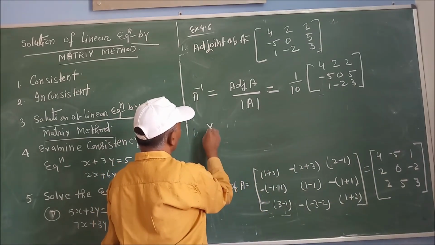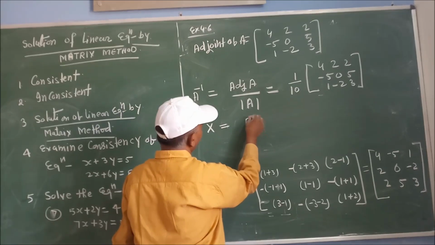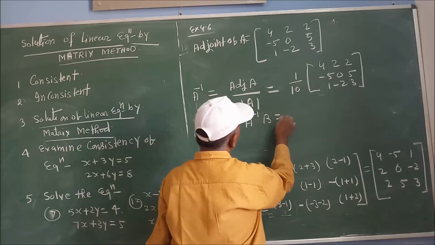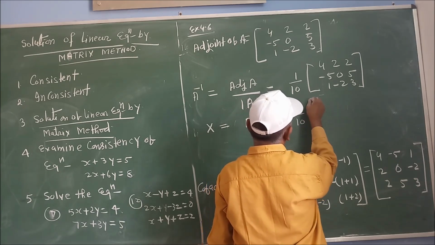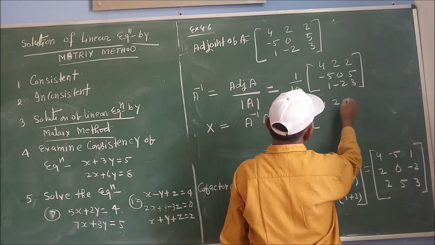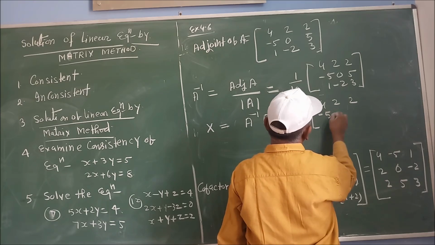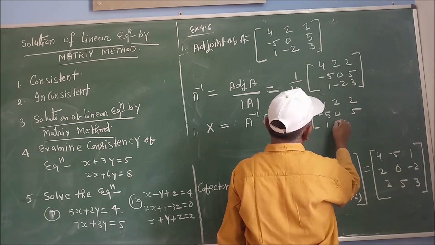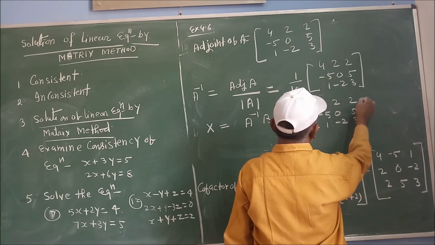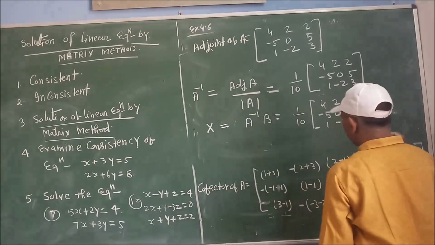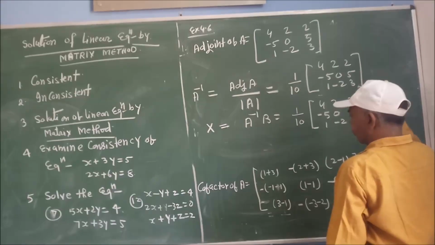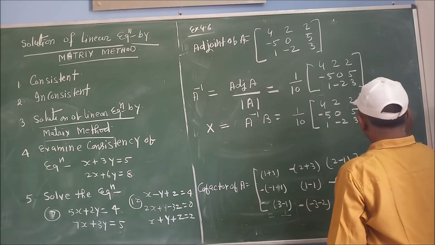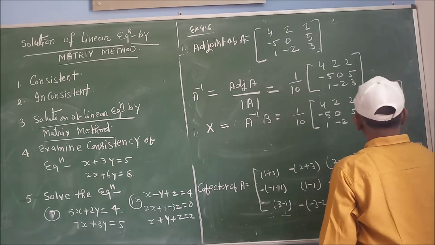So x is equal to, as you know the formula, A inverse B. So this will equal A inverse, which you have already calculated, 1 by 10 into the matrix, into B. B you have already got, which is equal to 4, 0, 2.